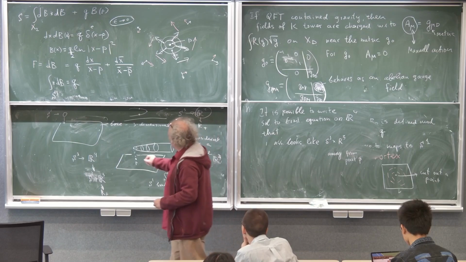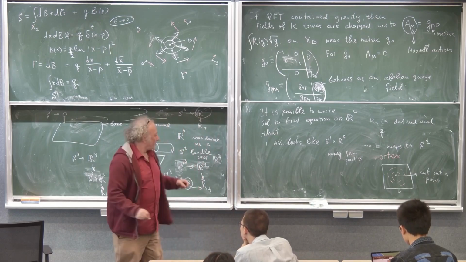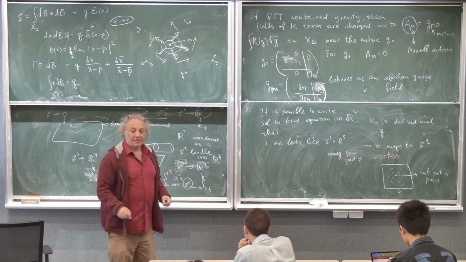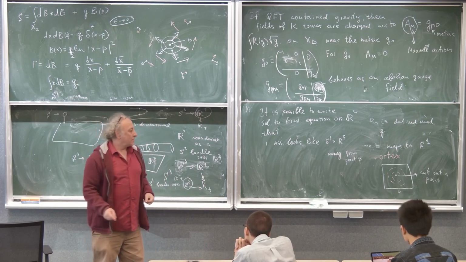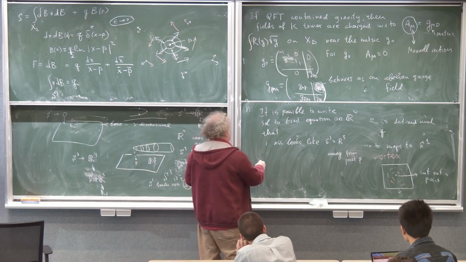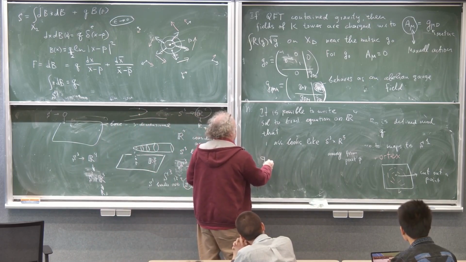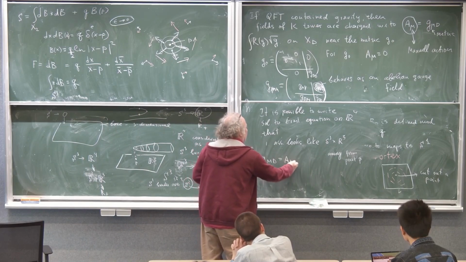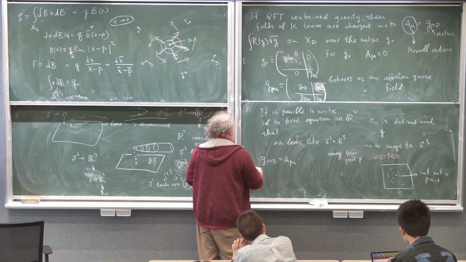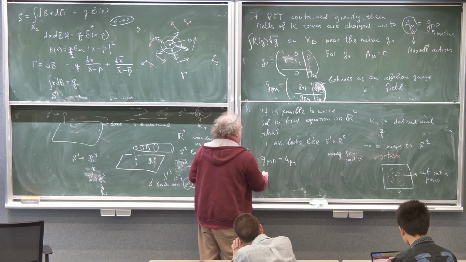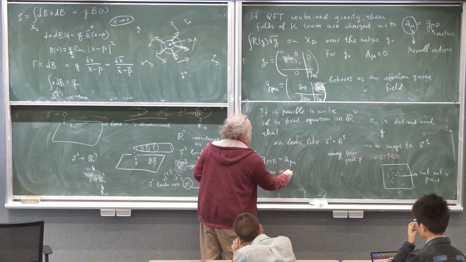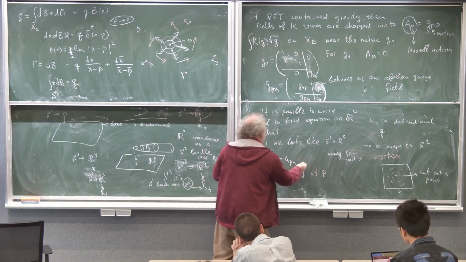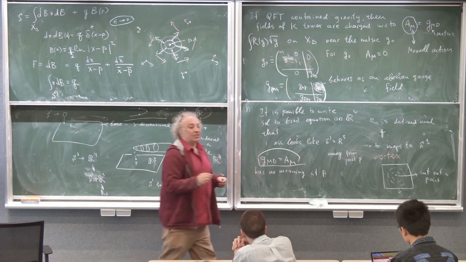However, at point P, the fiber collapses and the decomposition that I was writing, that G mu nu is A mu, has no meaning.